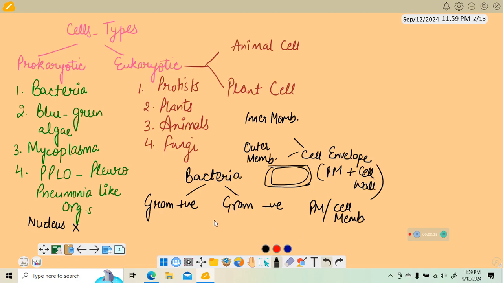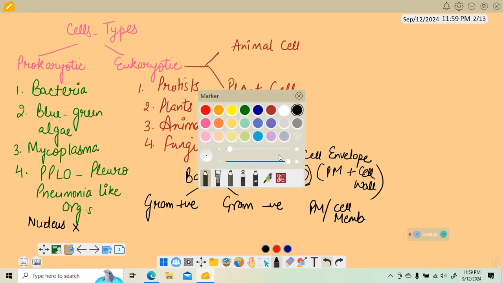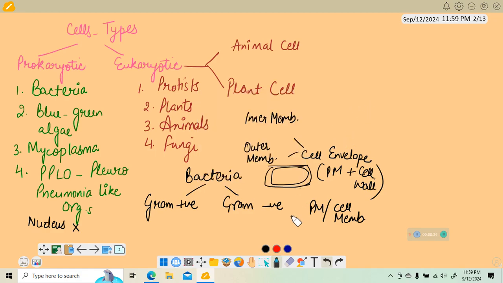Now we'll talk about the cell envelope. If I see the diagram of this, it will be like this.